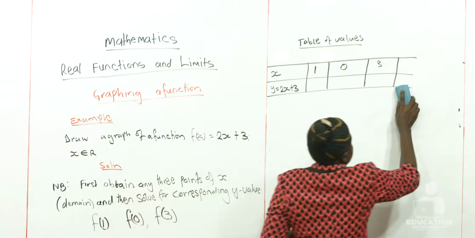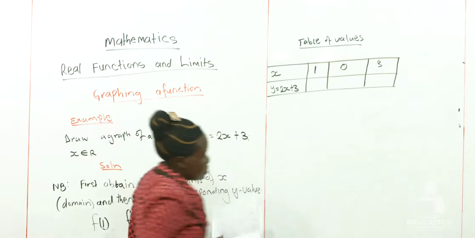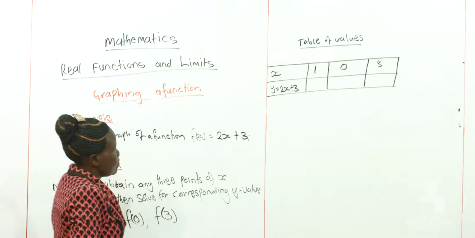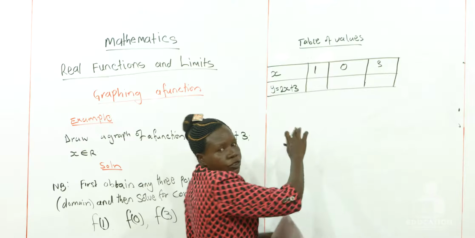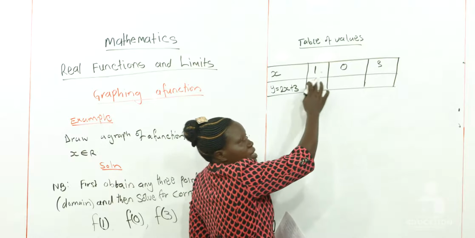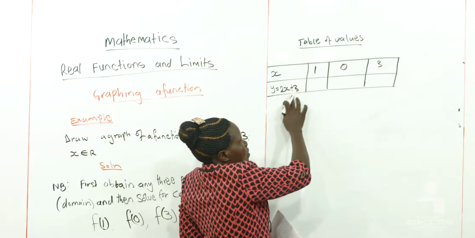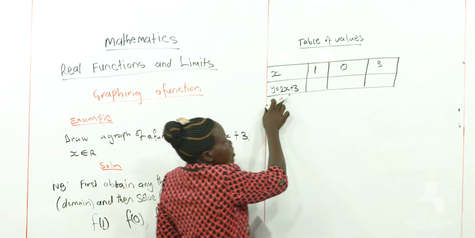If x is 1 and x is 0, what will be the value of y? So, dear learners, you look at the object already given, or the domains. For us to get the output, which are the codomains, we use this rule.